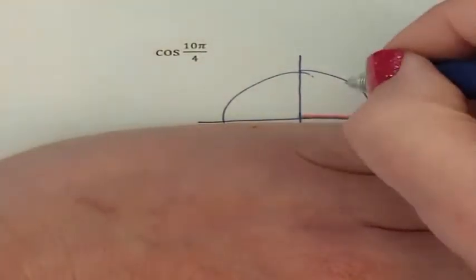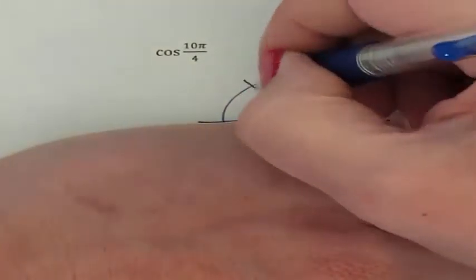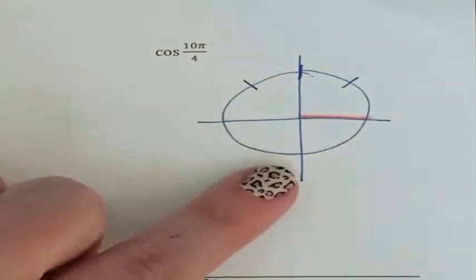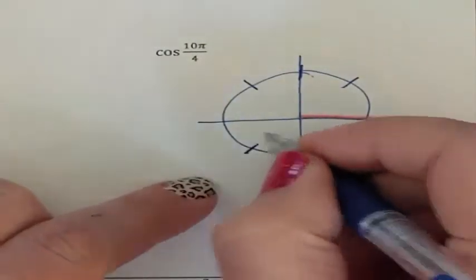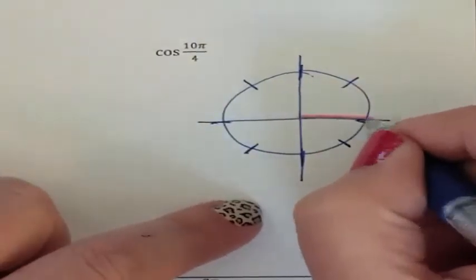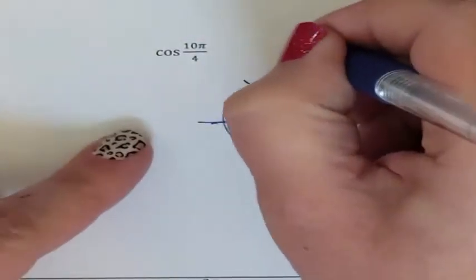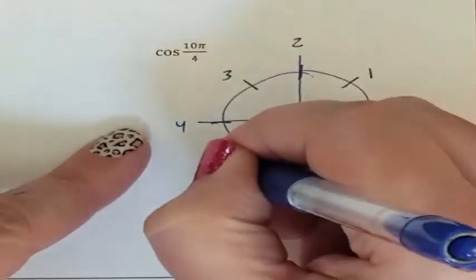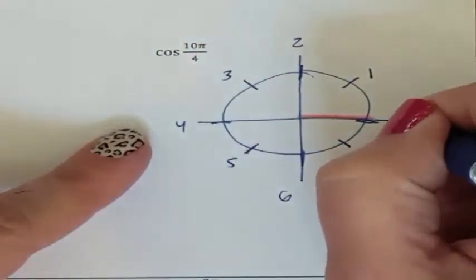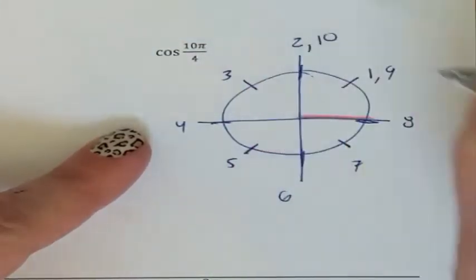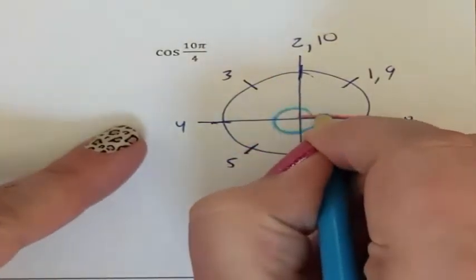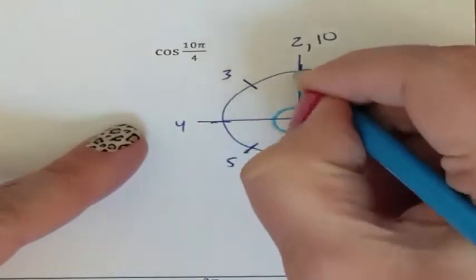This half was broken up into 4 equal chunks, and this bottom half was broken up into 4 equal chunks. And I could count by fourths, waiting for the 10th one. So 1, 2, 3, 4, 5, 6, 7, 8, 9, 10. So I went all the way around, and then I continued and I stopped right here.